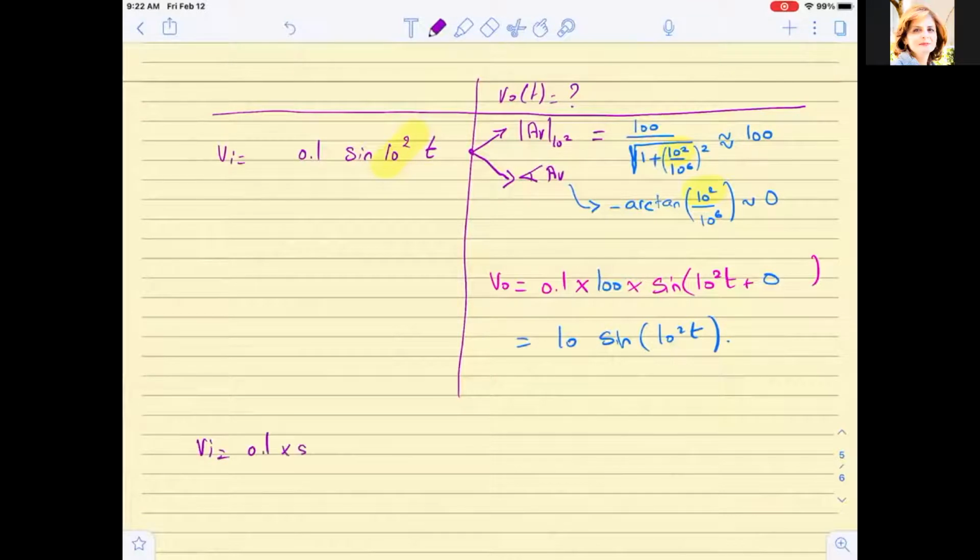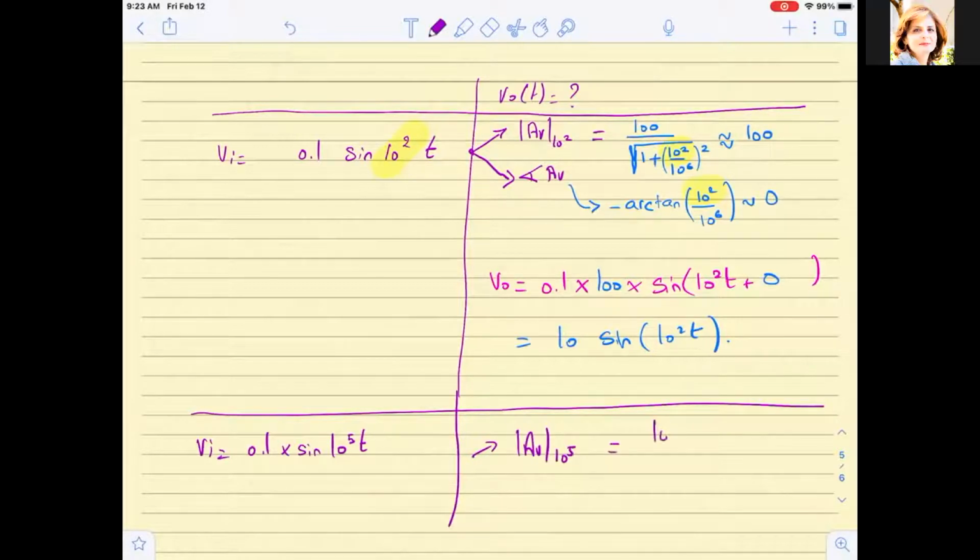At the other point I have now Vin equal to 0.1 times sine 10 to the 5t. If I want to find the magnitude of AV, this time I will find it at omega equal 10 to the 5, and this is going to be equal to 100 over the square root of 1 plus 10 to the 5 over 10 to the 6, all squared, and this comes out to be 99.5, I think.